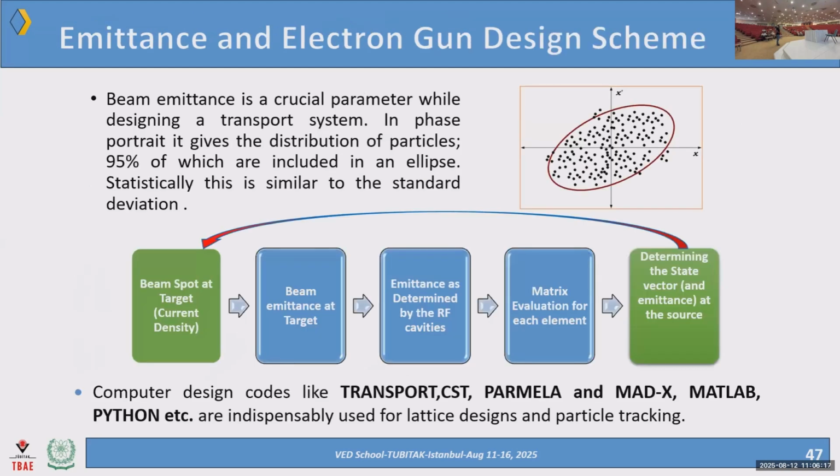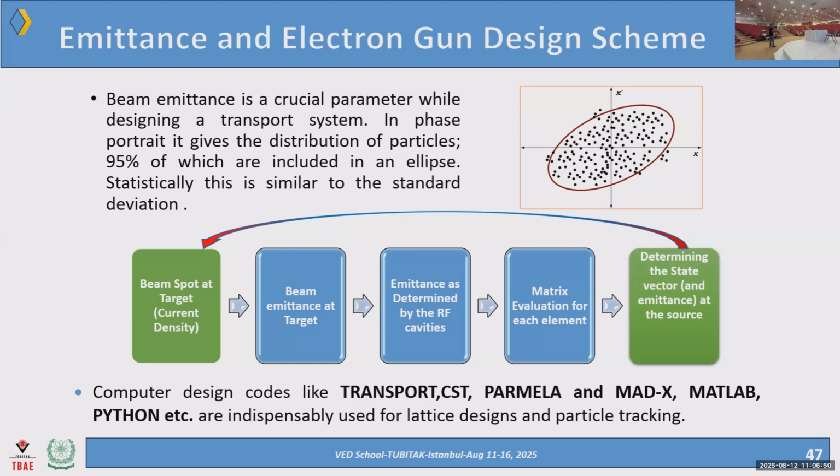Okay, this is a very interesting cartoon. If someone asks you or me to design an electron gun, what will I ask in return? I will ask, tell me the state vector of the beam that you want at the target. What is your requirement? Accelerators, klystrons, traveling wave tubes are all designed in inverse order.